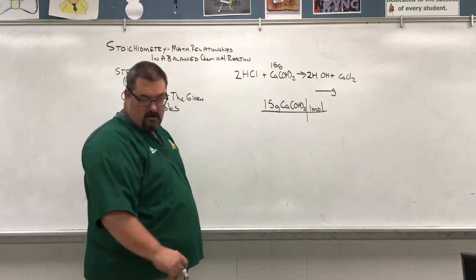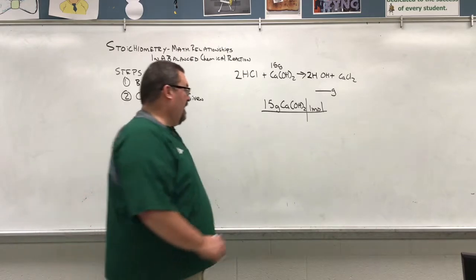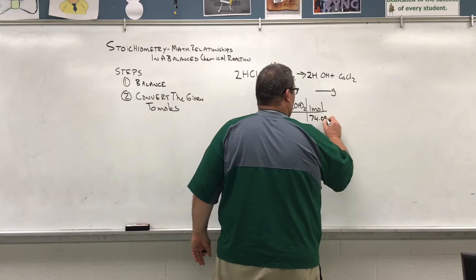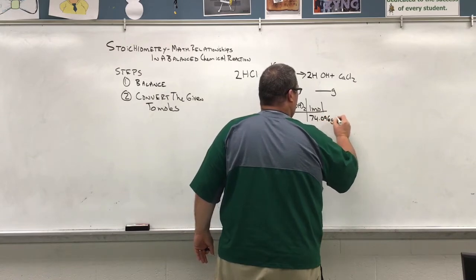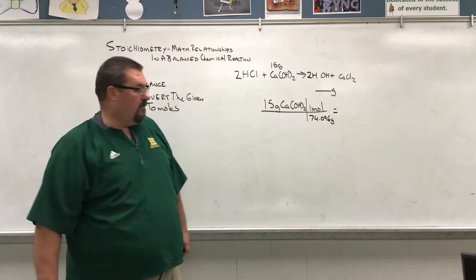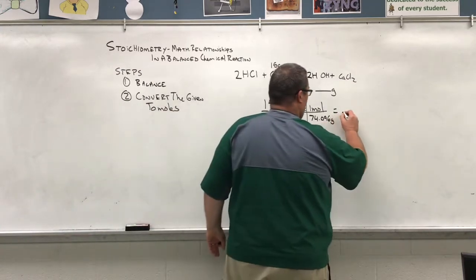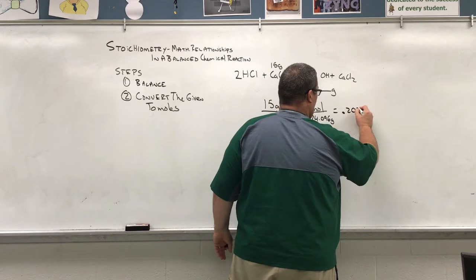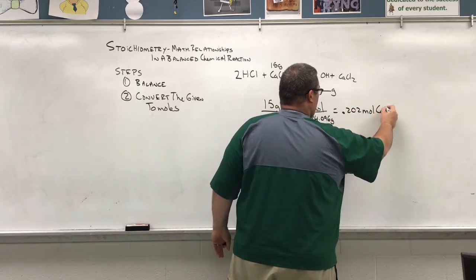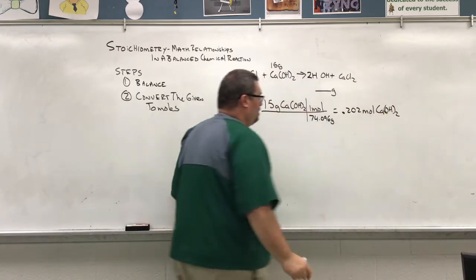So when I add all those together, I get a mass of 74.096 grams. And then if I get out my calculator and do the math, I'll find that I have 0.202 moles of calcium hydroxide.